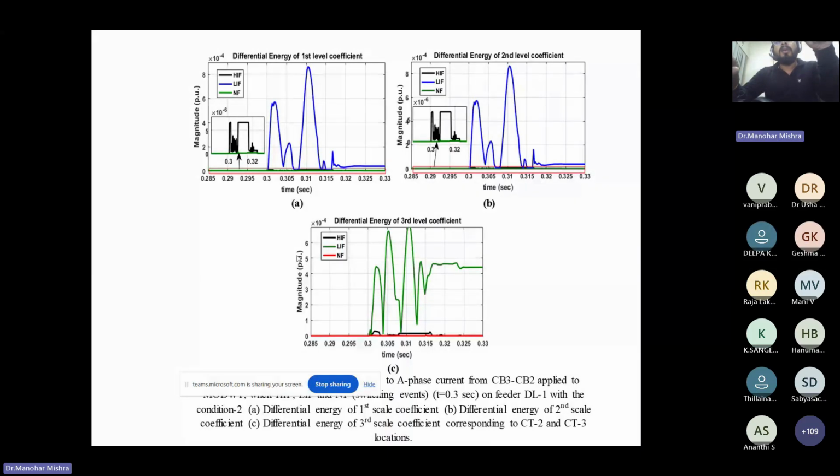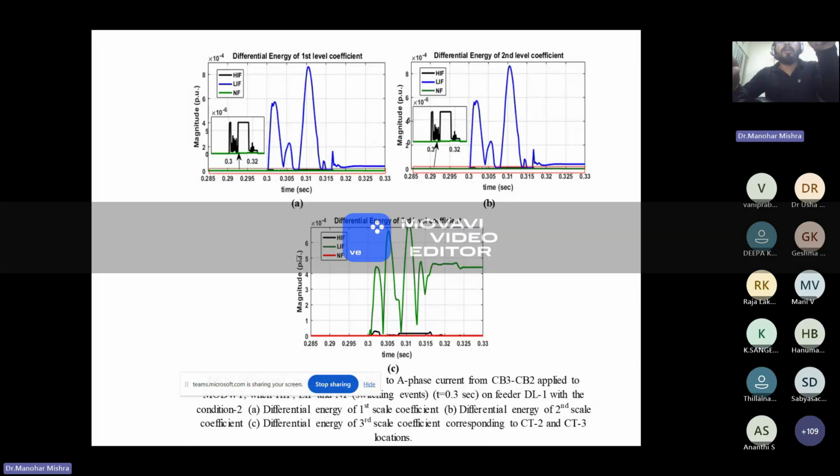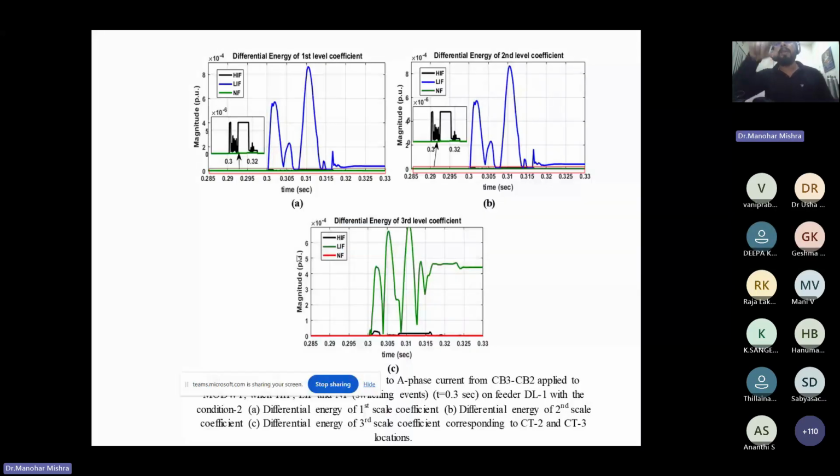Here you can see the black line shows the high impedance fault, blue is the low impedance fault, and green is the no fault condition. If a fault occurs here, an A phase low impedance fault, you can see the variation: the blue is higher.